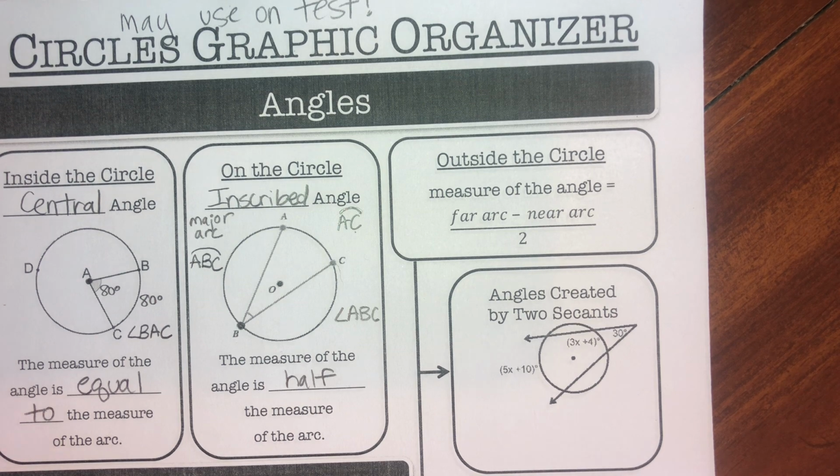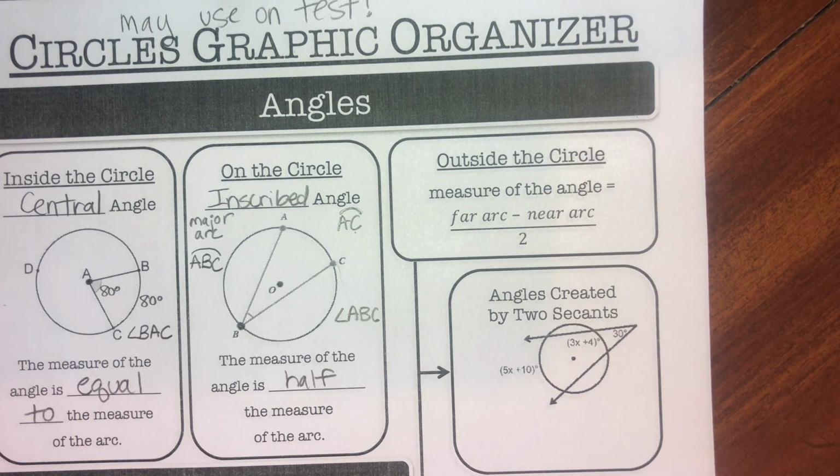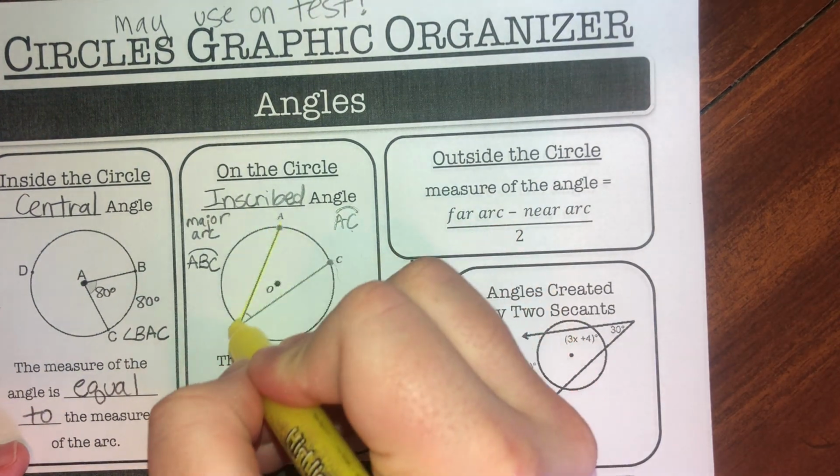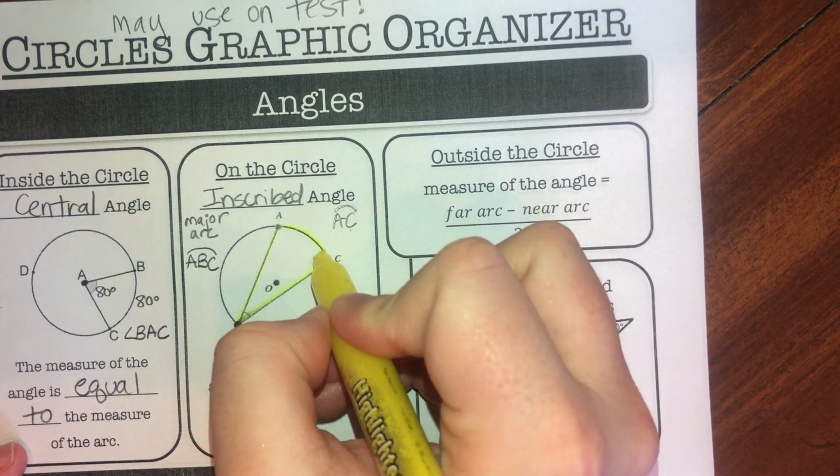So hang on just a second, let me grab a highlighter. Okay, just to recap and make sure everybody's with me, what I'm talking about is this inscribed angle and this arc.